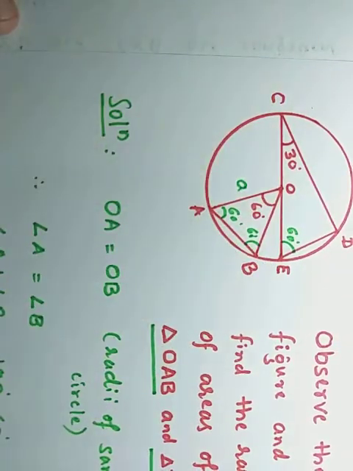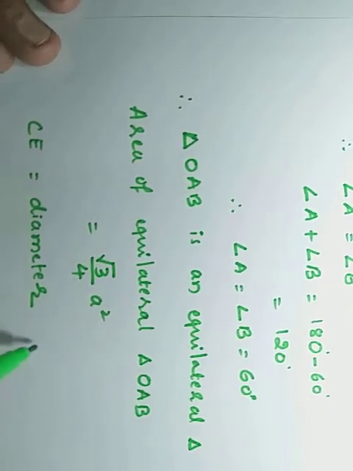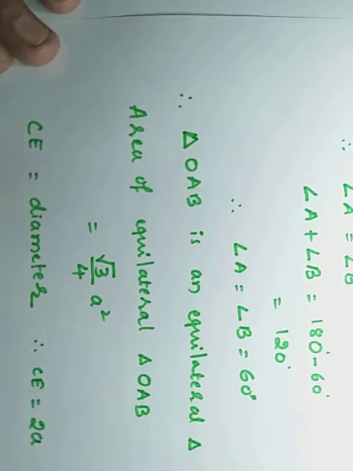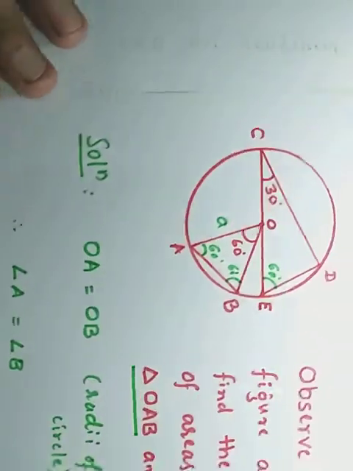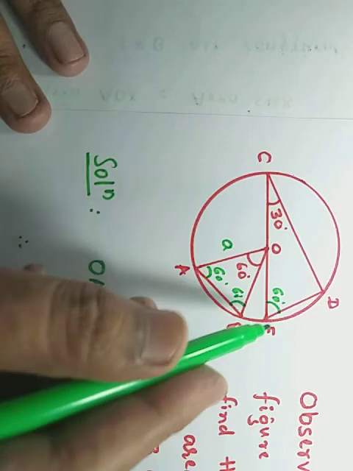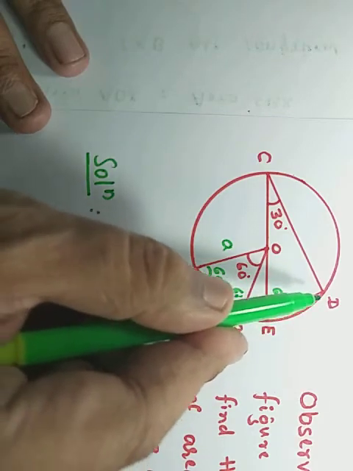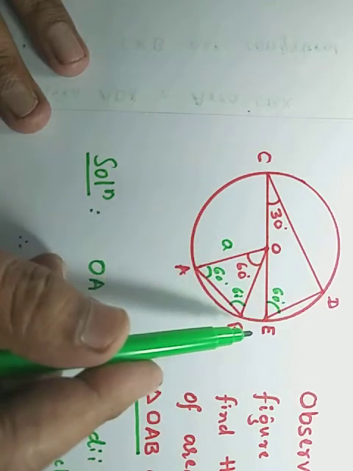Therefore, CE becomes 2a units. Here 2a is given, and we need to find the values DC and DE.